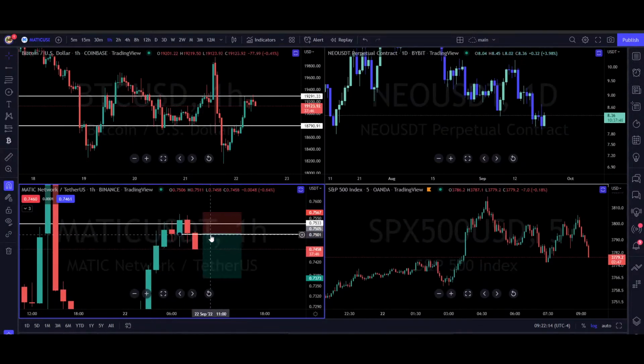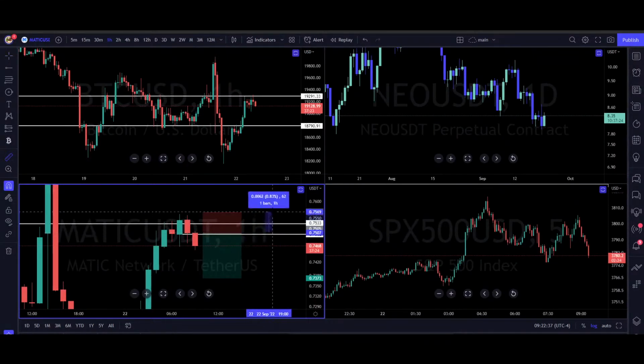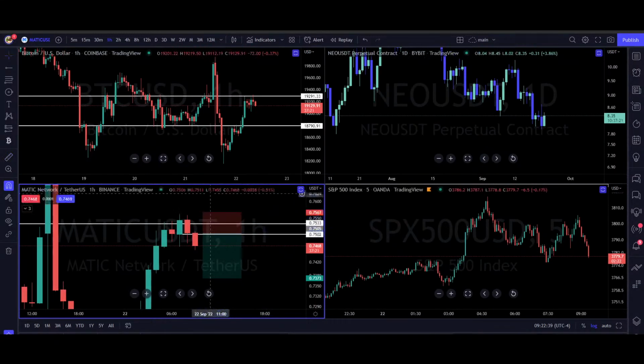So if we get a pushback up into this, it will trigger me short. And my stop loss will be 75.69. Sorry, 69. So kind of a wide stop. 62 pips.